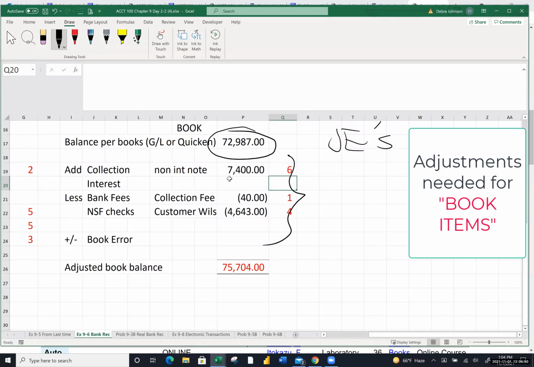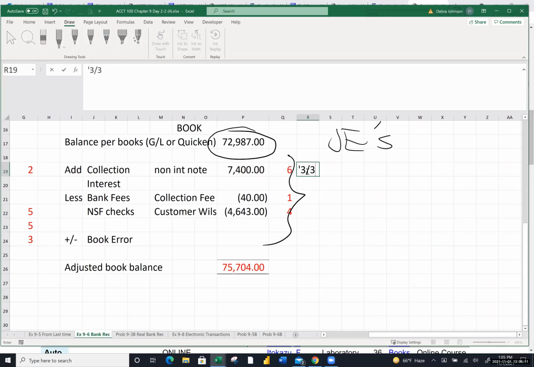In this case, I have 3 of them. Remember that what we're doing is we're touching the cash account. So you know cash is going to be one of the accounts debited or credited. It's up to us to discern what the other debit or credit is going to be. So these journal entries would be dated the same day as the bank statement.